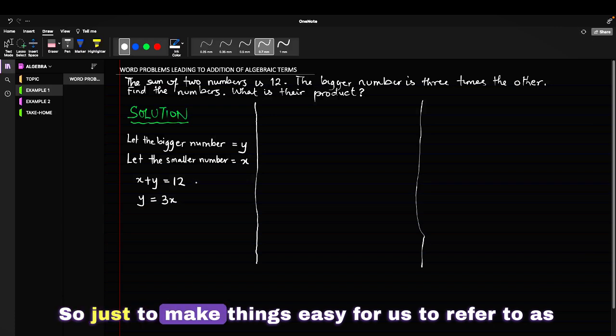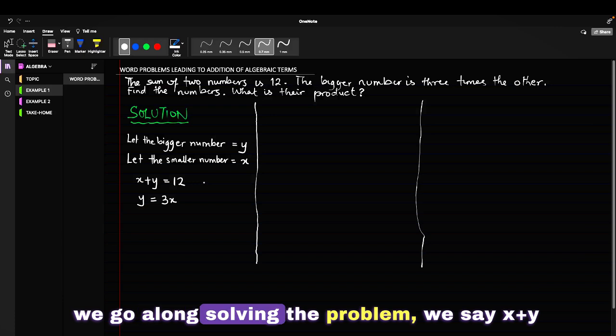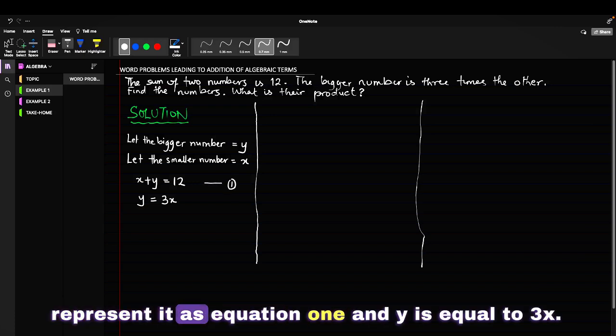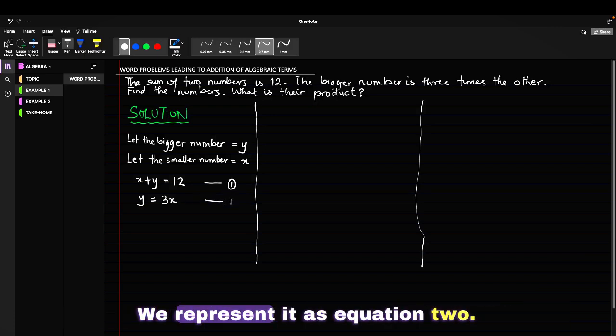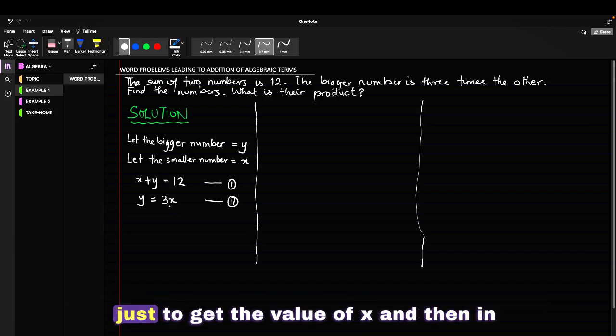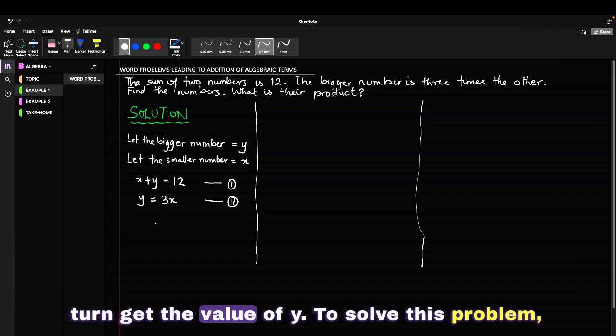Just to make things easy for us to refer to as we go along solving the problem, we say x plus y, we represent it as equation 1, and y is equal to 3x, we represent it as equation 2. So now we have to solve these two algebraic equations just to get the value of x and then in turn get the value of y.